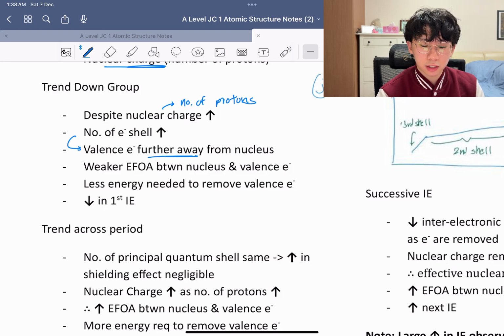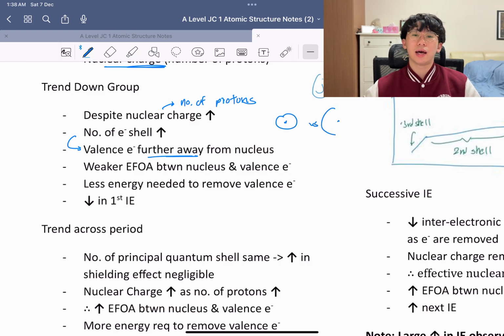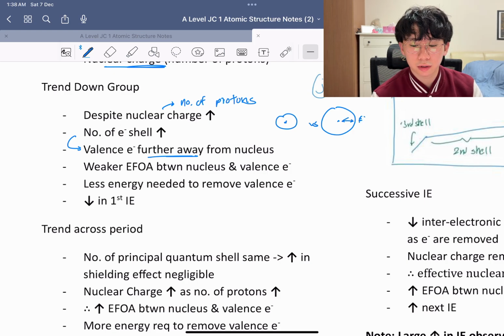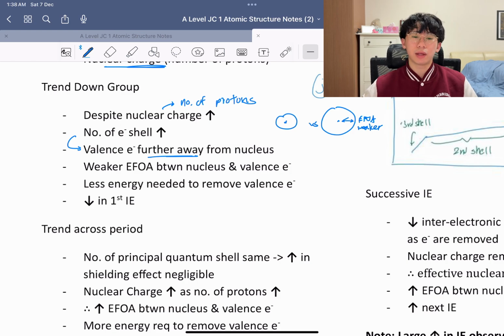If it's further away, the distance is greater, and because of that, the electrostatic force of attraction is weaker, like a weaker magnetic force. So the outermost electrons have an easier time of being let go. So the ionization energy is lower.